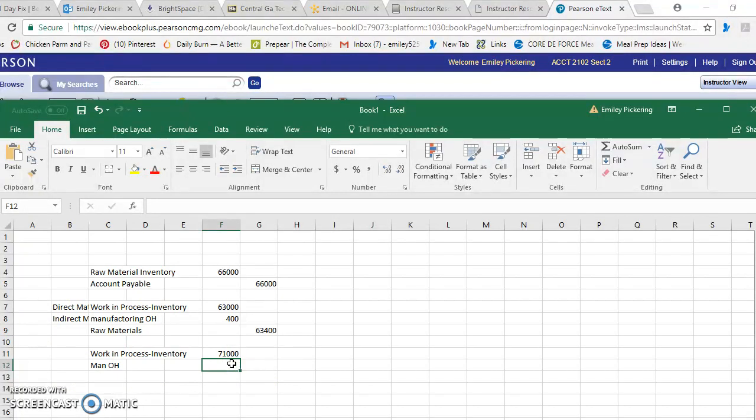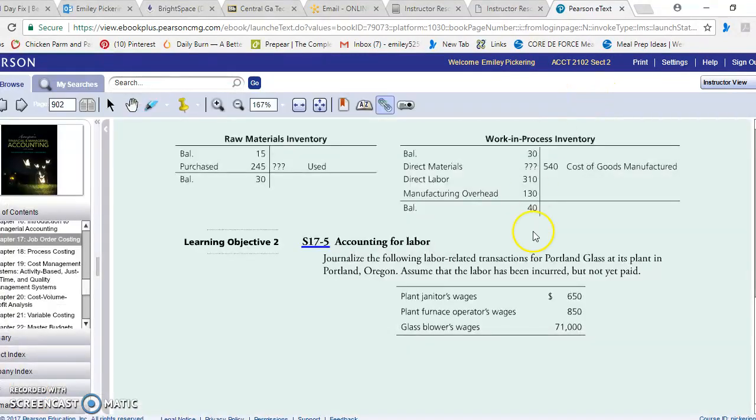So that's going to be the janitor and the furnace operator. So I think that was a total of $1,500. And we have not paid them yet, so that's going to be wages payable. However, it didn't specifically say that, so if you credited cash here, that would be fine as well. The next one I want to talk about is 6, accounting for overhead. So let me scroll down.